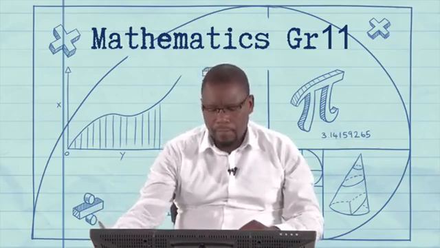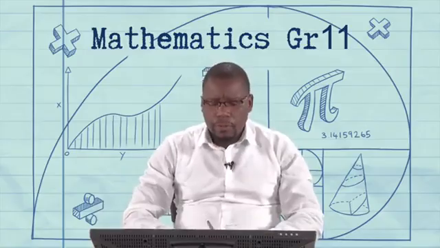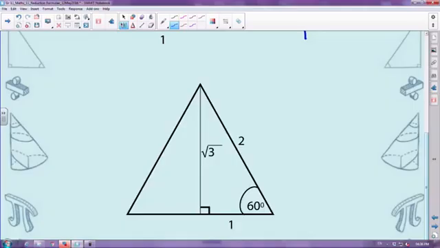Okay. And then we come to the 60 and the 30. Remember, guys, this is 30. Okay, so this is 30. All right, to complete that triangle, 90 plus 60 plus the unknown equals 180.